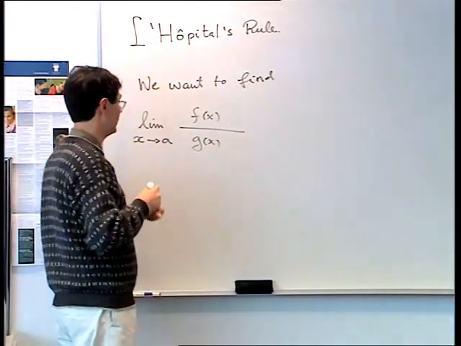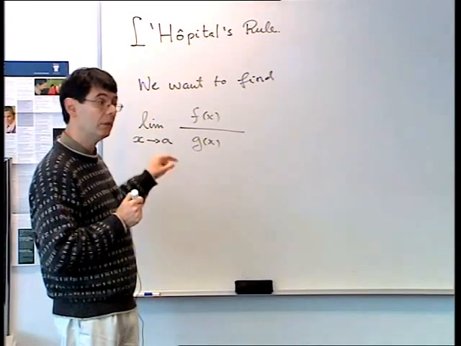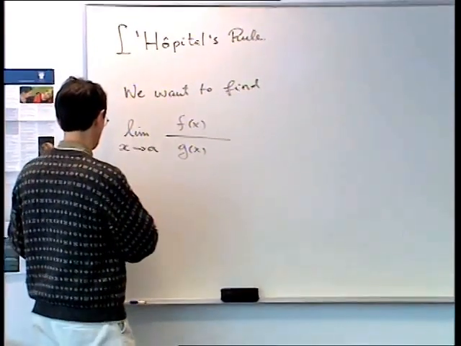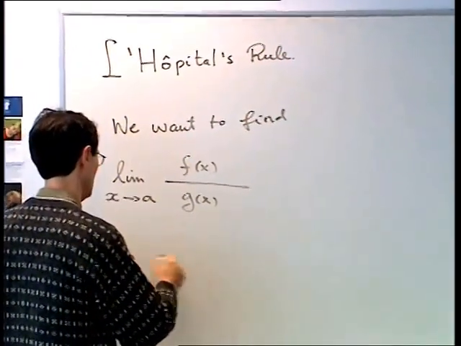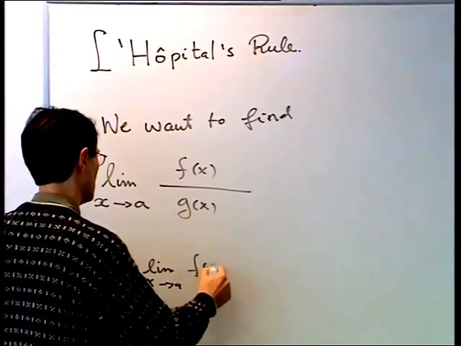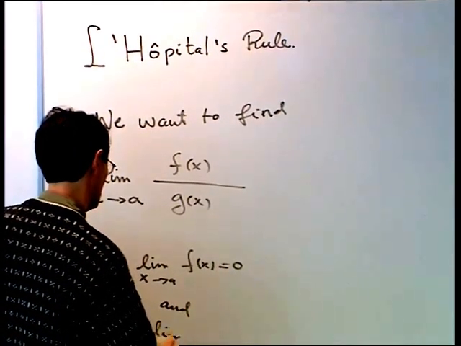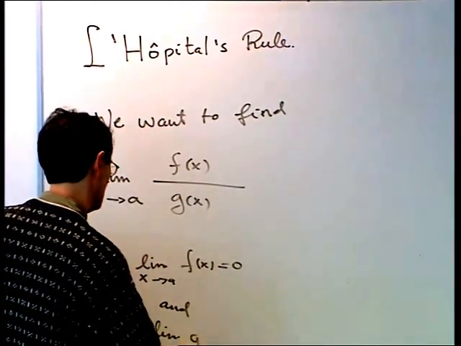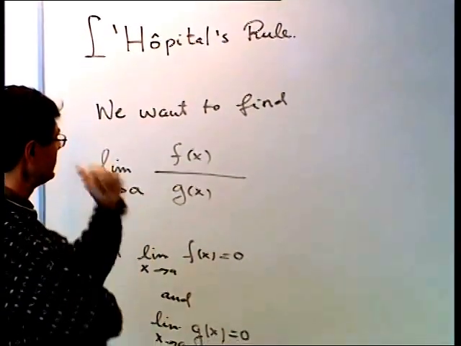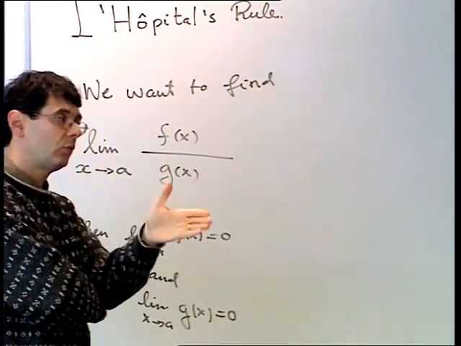So we want to find the limit of a fraction, okay, when the limit is of a type 0 divided by 0. All right? So that's what you want to do.